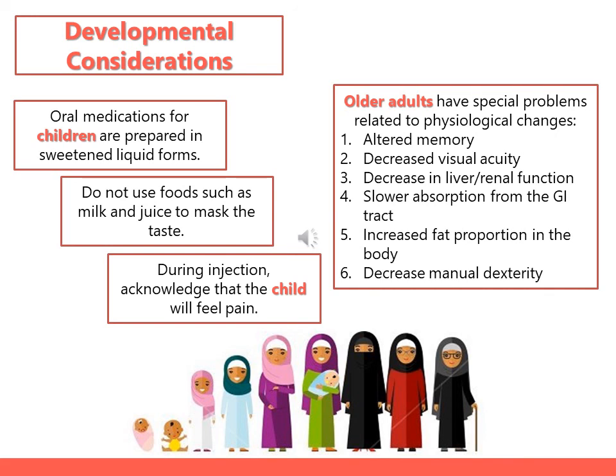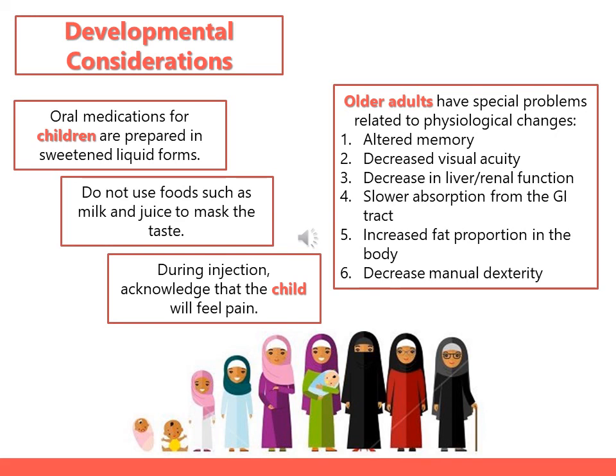Decrease in renal or liver function. Remember, liver is important for drug metabolism. Remember, renal or kidneys are important for excretion of medication. That's why, if your patient is an older adult, you need to be very careful when giving this medication because they are prone to liver and renal problems.